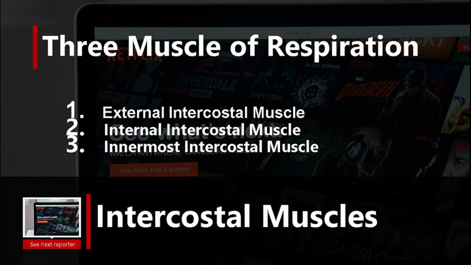Second is the internal intercostal muscles, which are located immediately deep to the external intercostals. Last is the innermost intercostal muscles, which fill the 11 intercostal spaces between the ribs together with the other intercostal muscles.